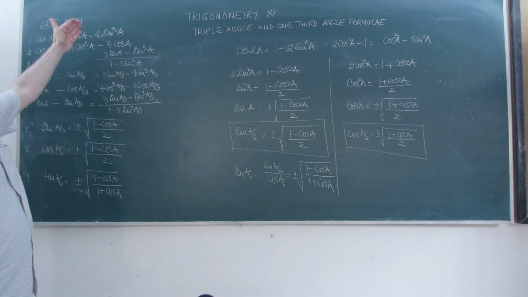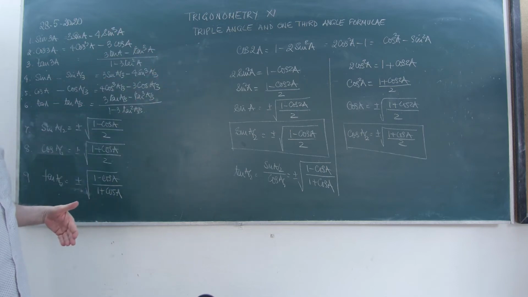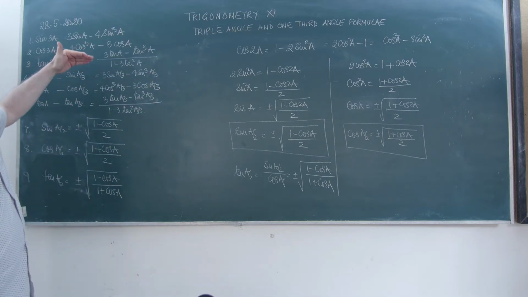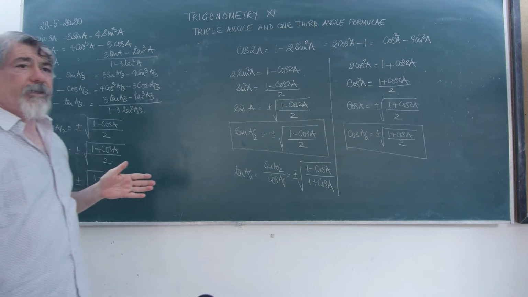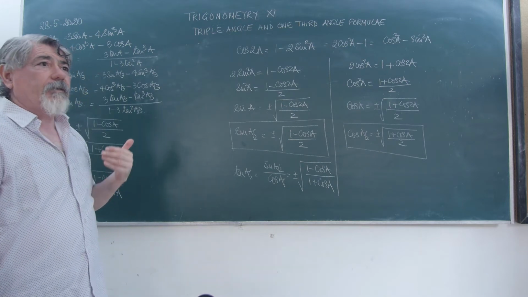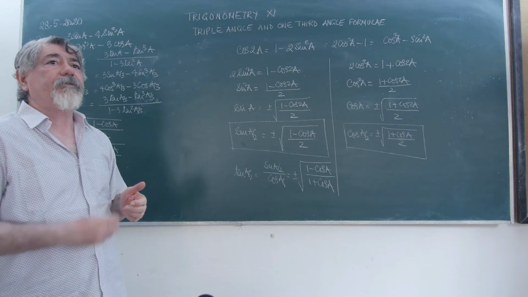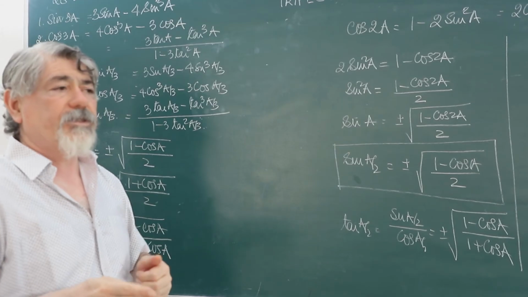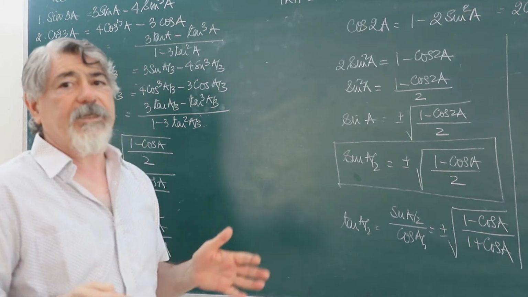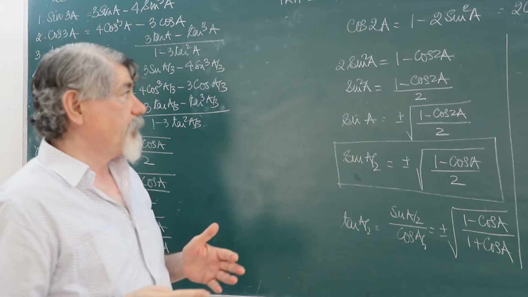Please remember, they are all interlinked formulas. If you don't know the one, it will be difficult for you to know the other one. They started with sin a plus b and cos a plus b. Then we went to sin 3a by 2a plus a. Then we went to cos 3a by cos 2a plus a, applying sin a plus b, cos a plus b.